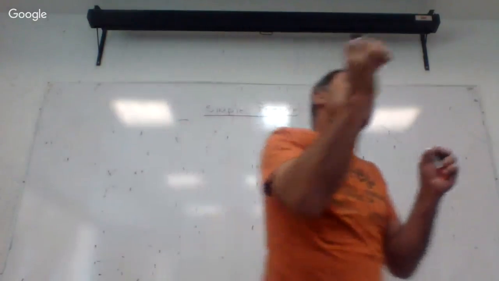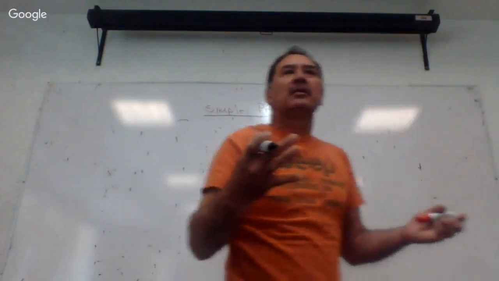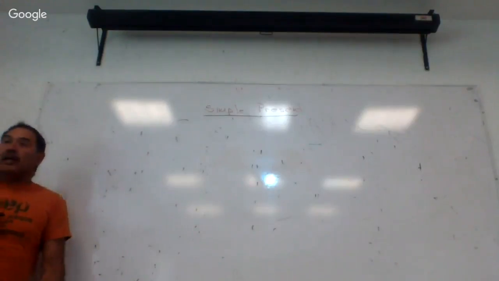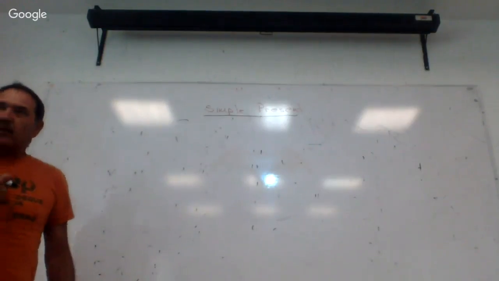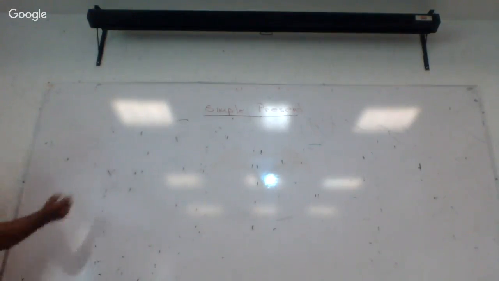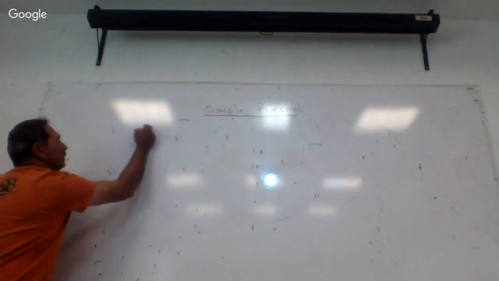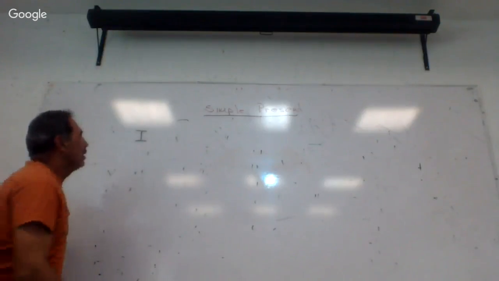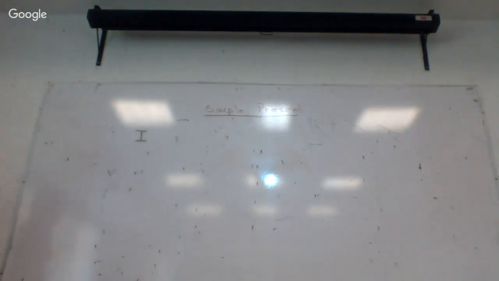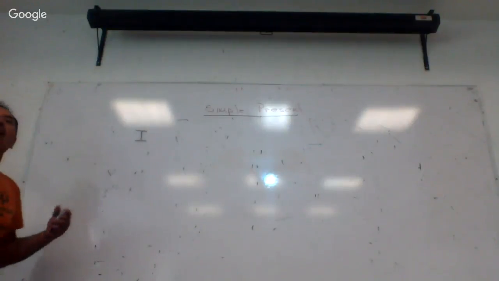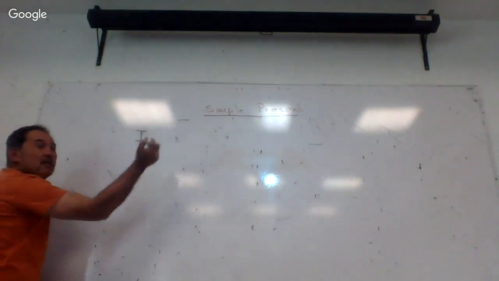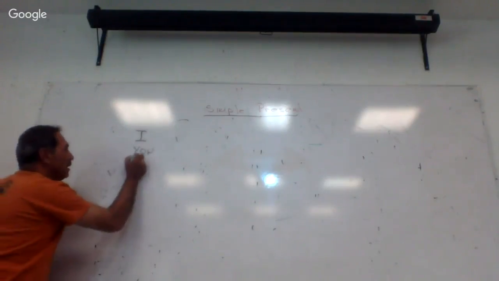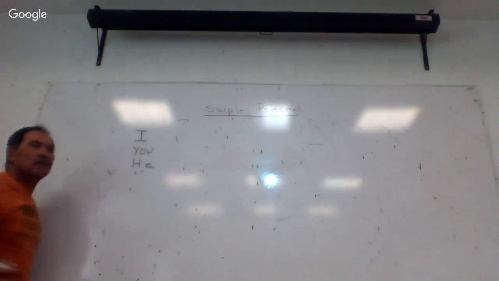What are the pronouns for the action or routine? I. What is I? I. Person. Okay. What else? You. He.